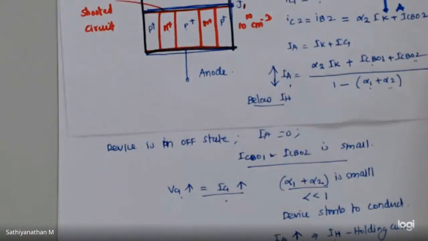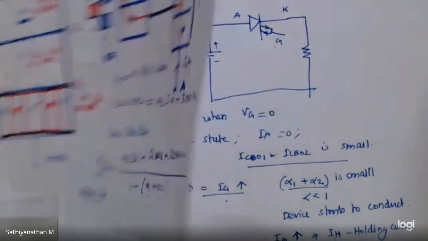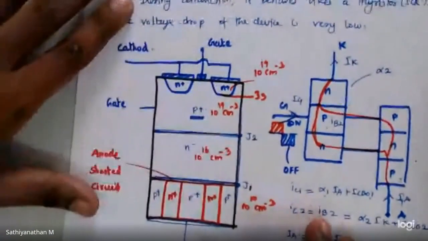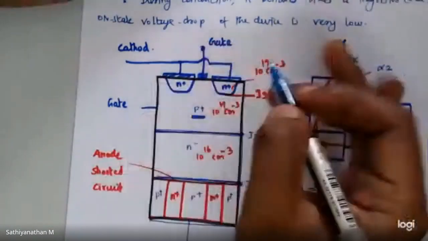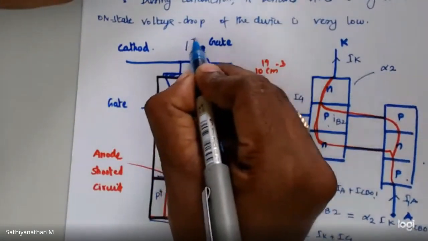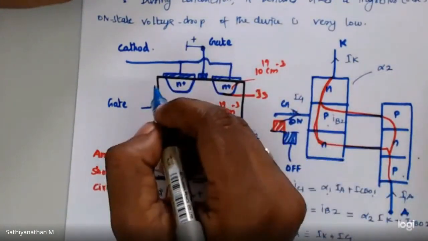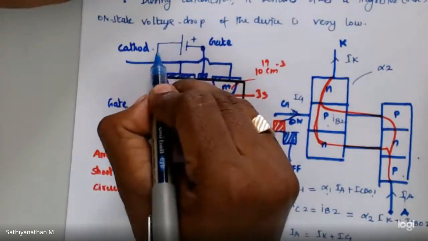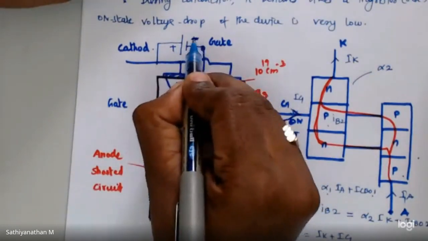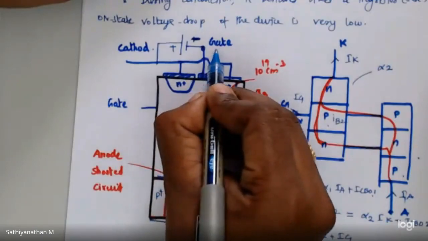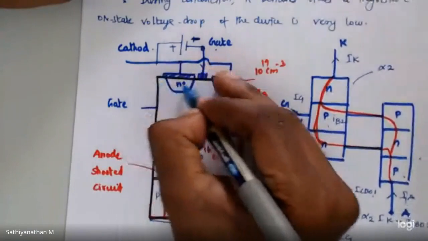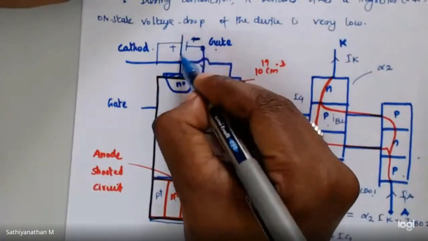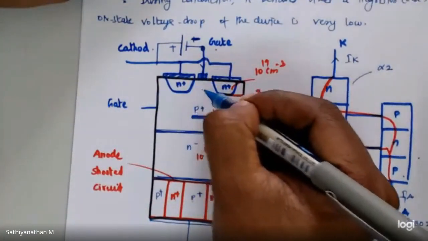In order to turn off the device, the gate is connected to the negative terminal of a source with respect to the cathode. So we are connecting a negative supply to gate and cathode. So if you look at this source, now the holes are injected at this region.